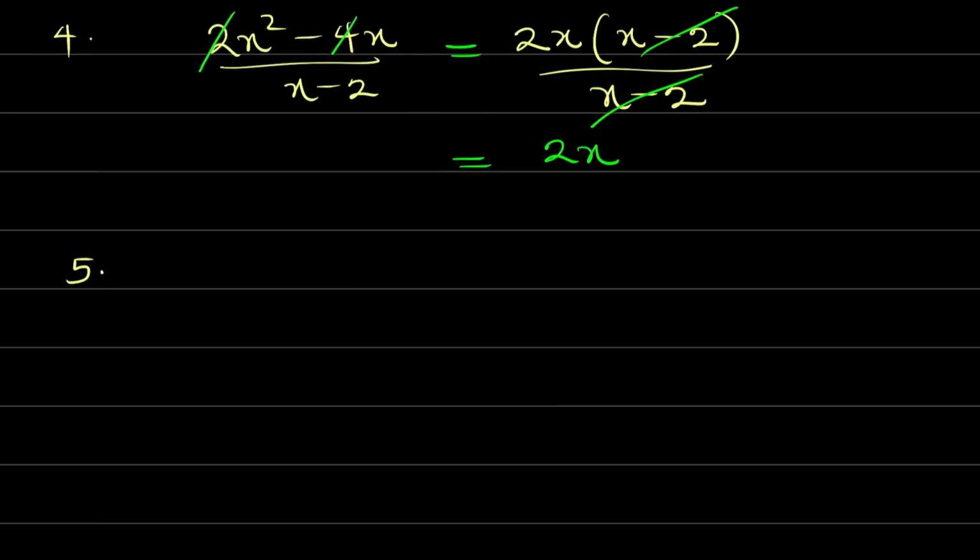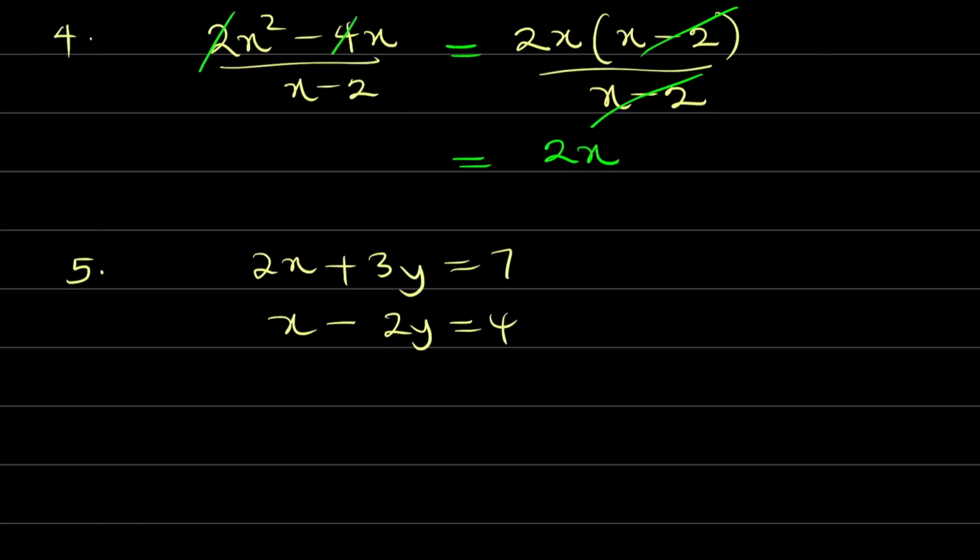Question number 5 says, solve the system of simultaneous equations. We have 2x plus 3y is equal to 7, and then we have x minus 2y is equal to 4.